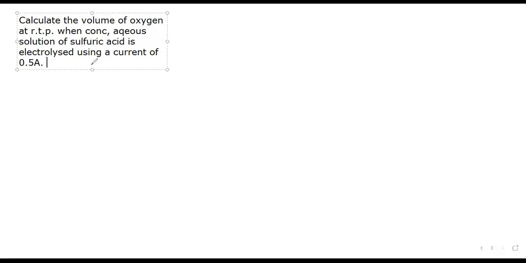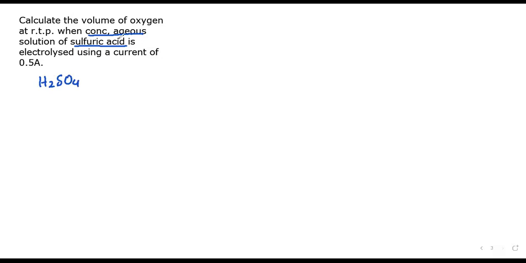Right? So again, first thing is first, let's take a look at our solution. The first thing we have to do is figure out our electrolysis because I need my half equation. Without the half equation, I cannot solve the question. So they said it is concentrated aqueous solution of sulfuric acid. Sulfuric acid is H2SO4.